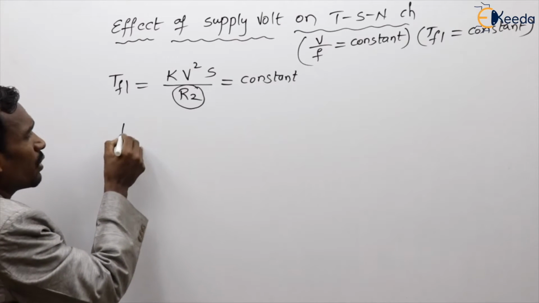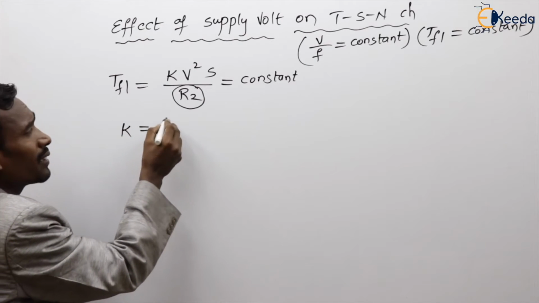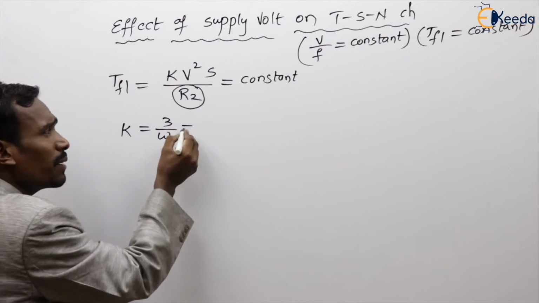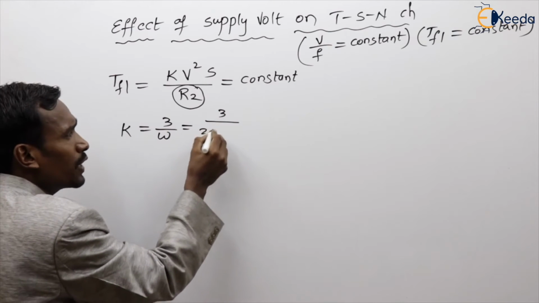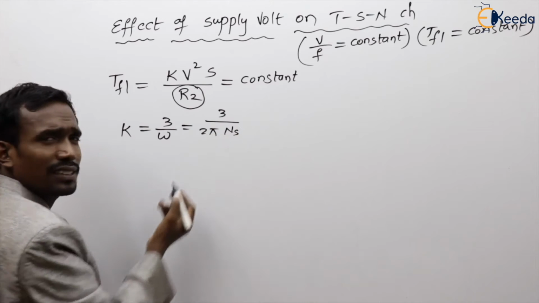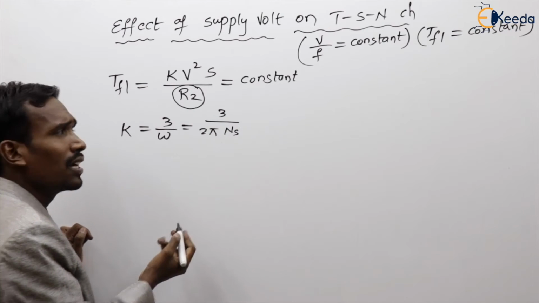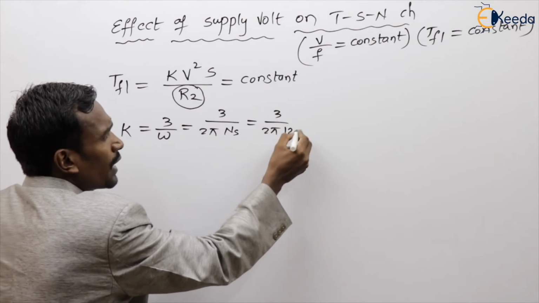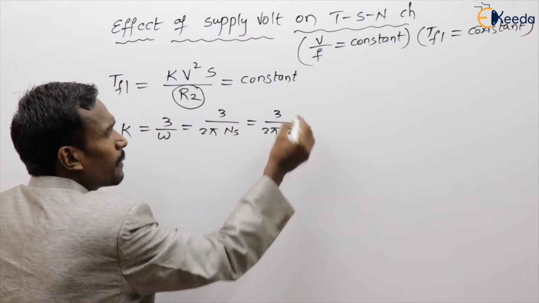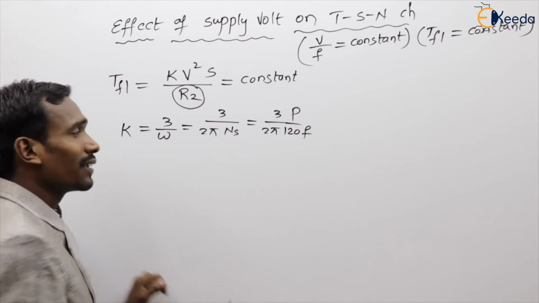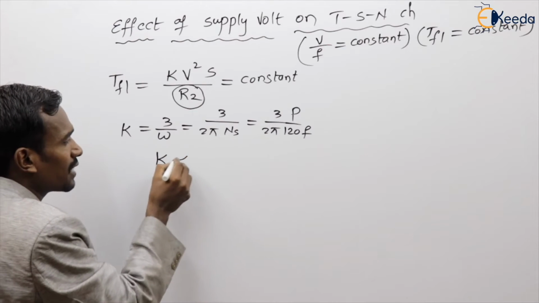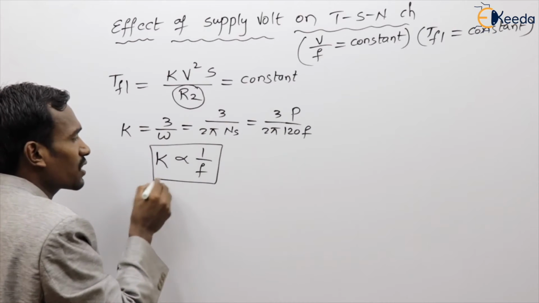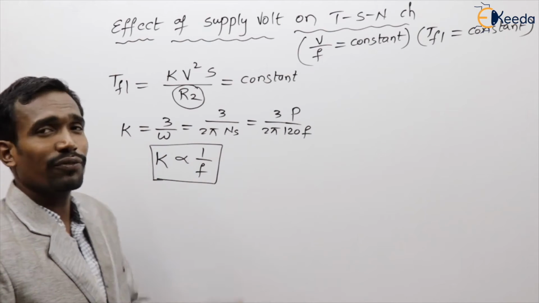Because generally we know K is equal to 3 by omega, which is 3 by 2 pi Ns, and Ns is 120 f by P. So K is nothing but proportional to 1 by f. K is not constant when V by F is constant.